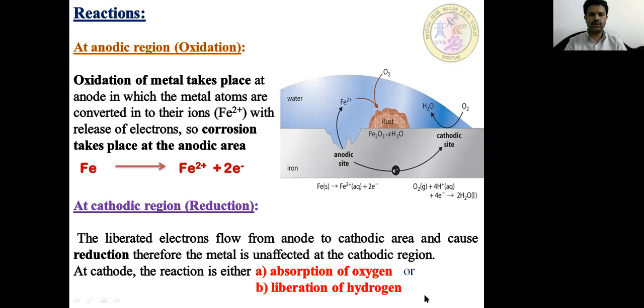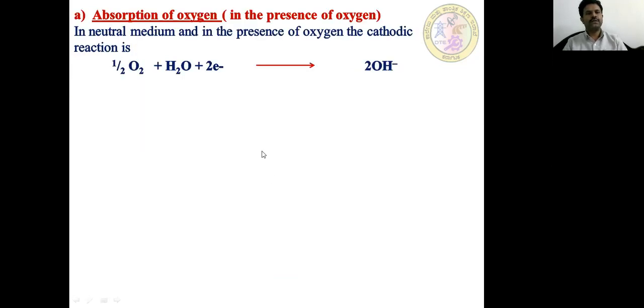Let us go through it. First case, how the reduction reaction occurs in the presence of oxygen surrounding the metal. The released electron from the anodic region of the metal reaches the cathodic region and reacts with the surrounding constituents, oxygen and moisture, and is converted into hydroxyl ions. I already mentioned it.